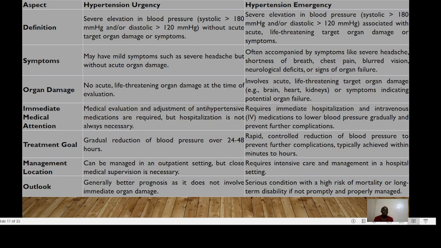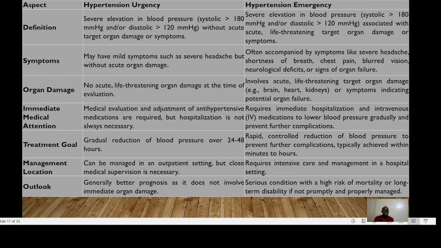In terms of symptoms, hypertensive urgency may have mild symptoms such as severe headache, but without acute organ damage. Hypertensive emergency, on the other hand, is often accompanied by symptoms such as severe headache, shortness of breath, chest pain, blurred vision, neurological deficits, or signs of organ failure.